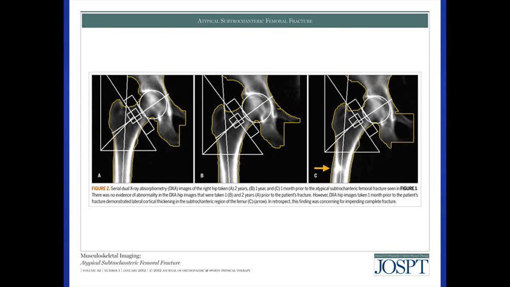Interestingly, the interesting thing about this is they looked at bone density readings, and it appears, as you read the caption below this, that an image taken 1 month prior to the patient's fracture demonstrated a lateral cortical thickening in the area of the arrow.